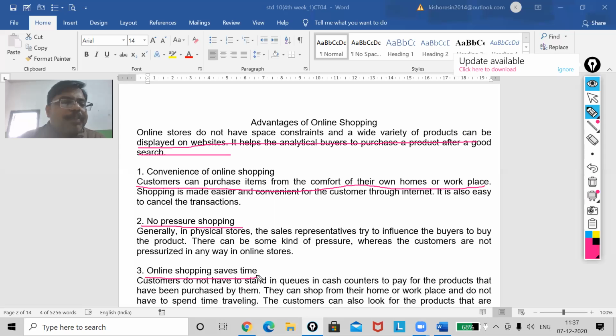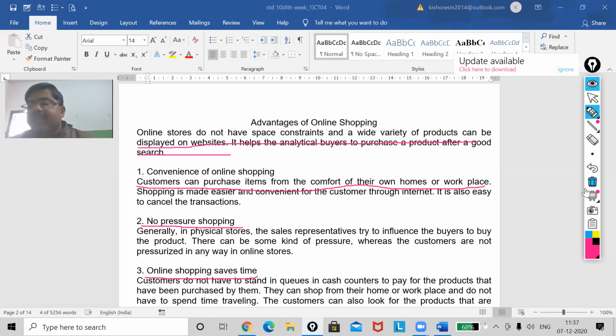But in online shopping, you do not have to do this type of work, because you do not have to be outside of your house. You stay at one place, have internet service on your laptop or mobile or whatever, and go for the purchase.